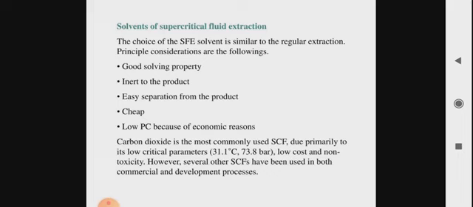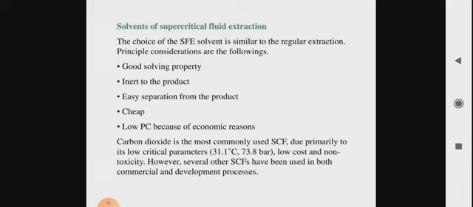That's why it is very easy to recover the solvent from the extract, and there is no interaction with the constituents present in the plant material or matrices. So it is inert to the product, easy to separate from the product, and cheap compared to other solvents. Supercritical fluid is cheap and economical.